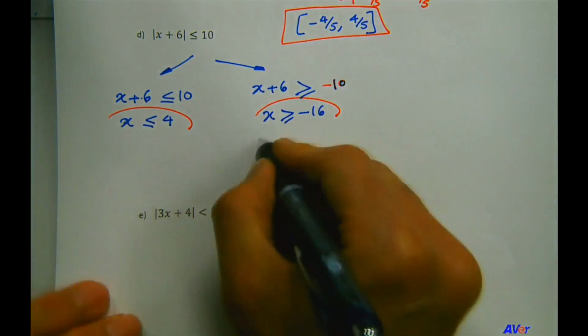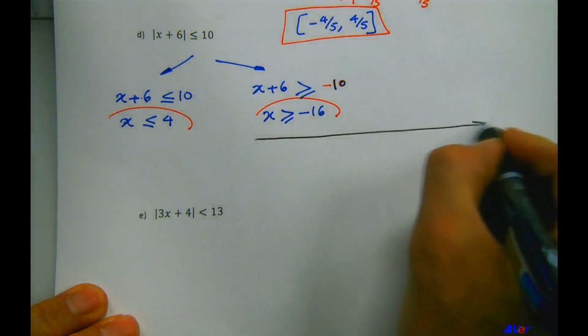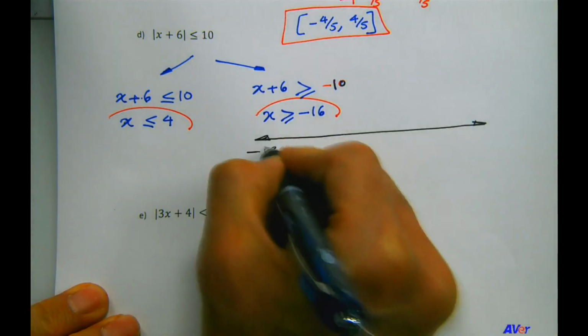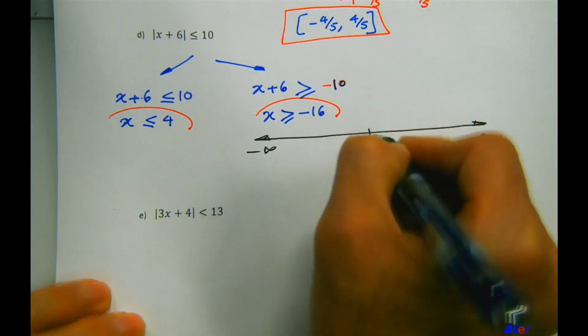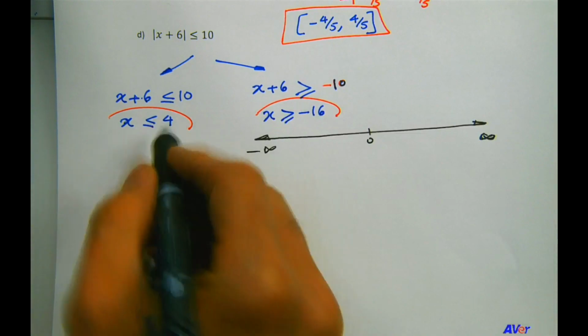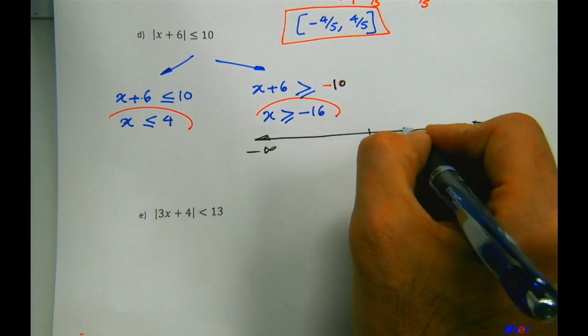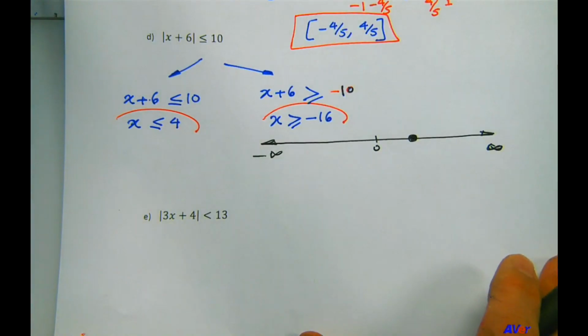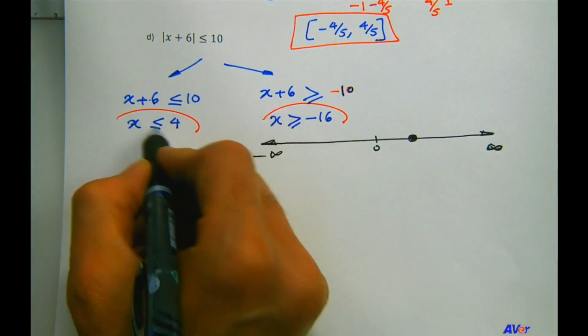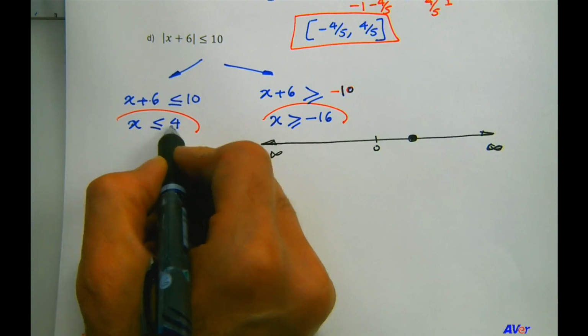Let's graph to get a better idea. Okay? Just for the sake of understanding this better. So 4, let's say 4 is somewhere here, and I'm going to make it a filled in circle, because x equal to 4 is a solution, right?